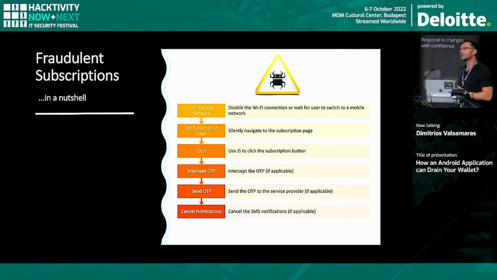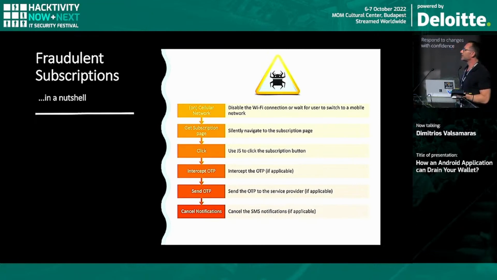So what is a fraudulent subscription? By fraudulent, we refer to a subscription which takes place without the user's consent, without user interaction, and actually without even being noticeable to the user. The malware has to perform all the steps that you see here in order to achieve this type of subscription. First, it has to make sure that the device is operating on a mobile network.